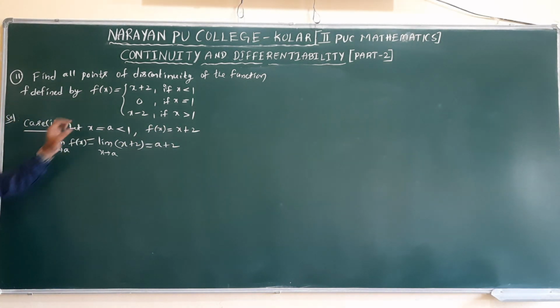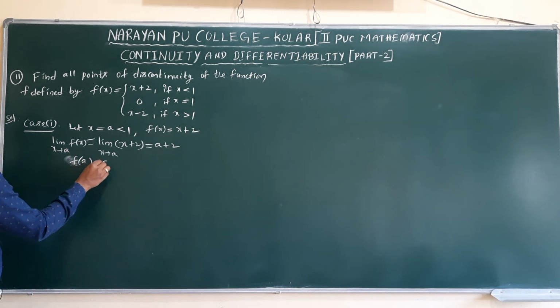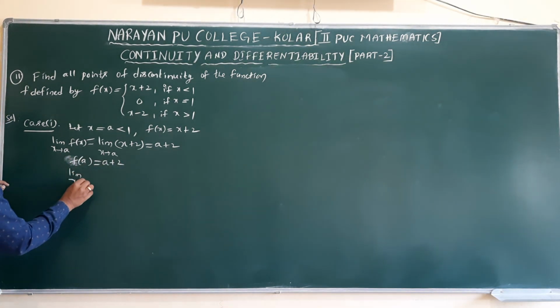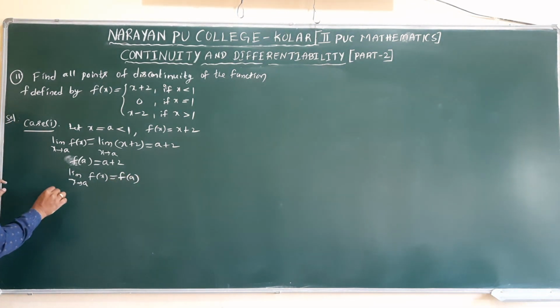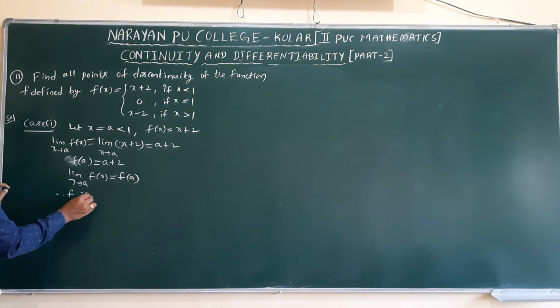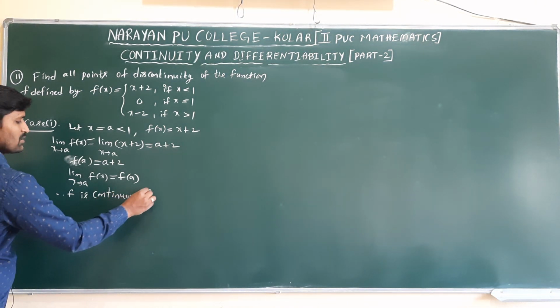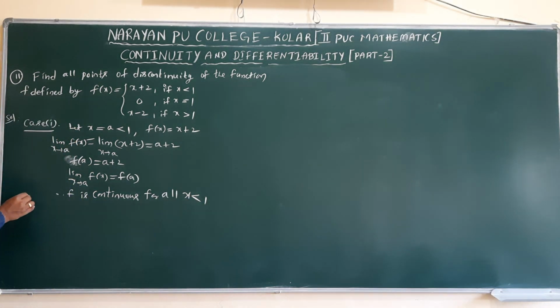Same as the previous question. And f of a is also a plus 2. That's why the limit as x tends to a of f of x and the f of a value are equal. So f is continuous for all x less than 1.